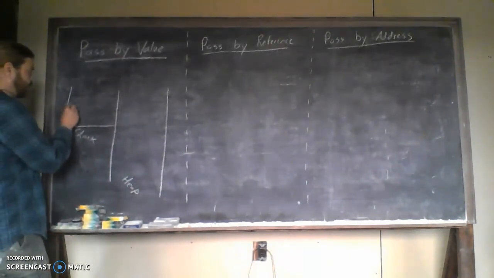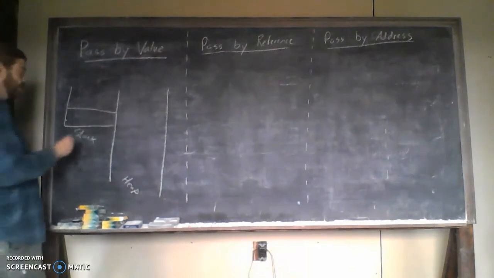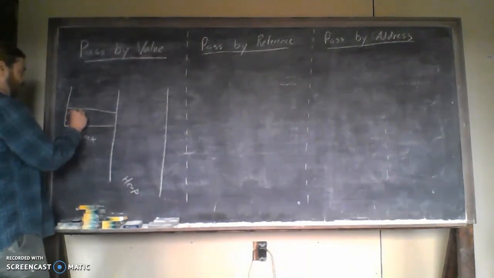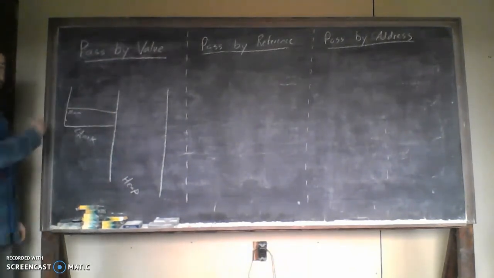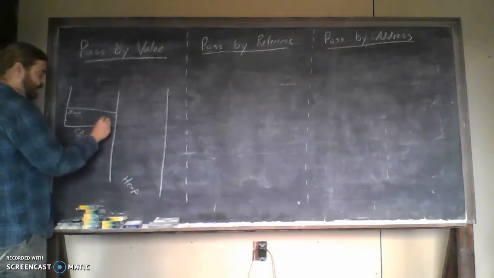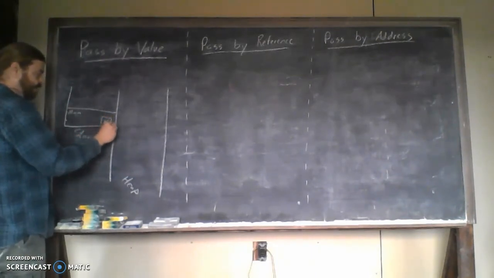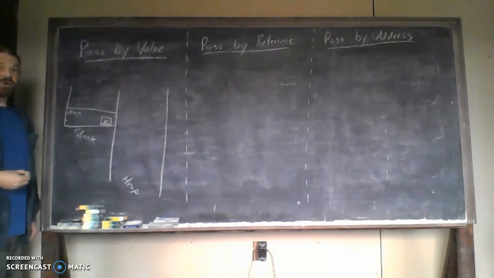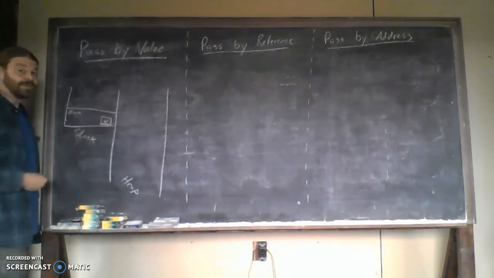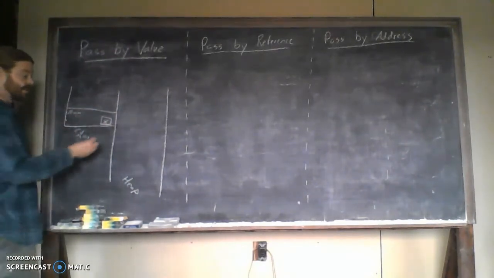So for pass by value, over here there's going to be some main method, and we'll have a variable, and since I'm writing on the chalkboard and not typing, I'm just going to use math class variables and we call it x.